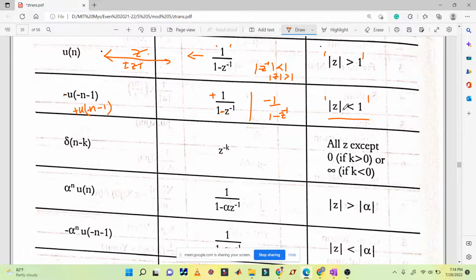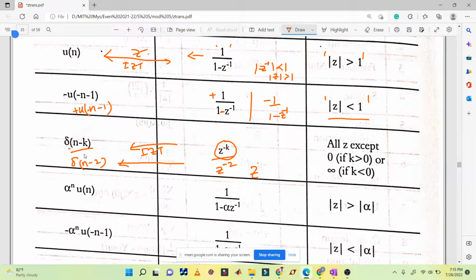Now as I have told you, delta of n minus k has Z transform Z to the power minus k. If you have Z to the power minus k, you can write the inverse Z transform as delta of n minus k. For example, k equal to 2, so I write Z to the power minus 2. So delta of n minus 2 is the inverse Z transform. Correct? Z to the power minus 2.